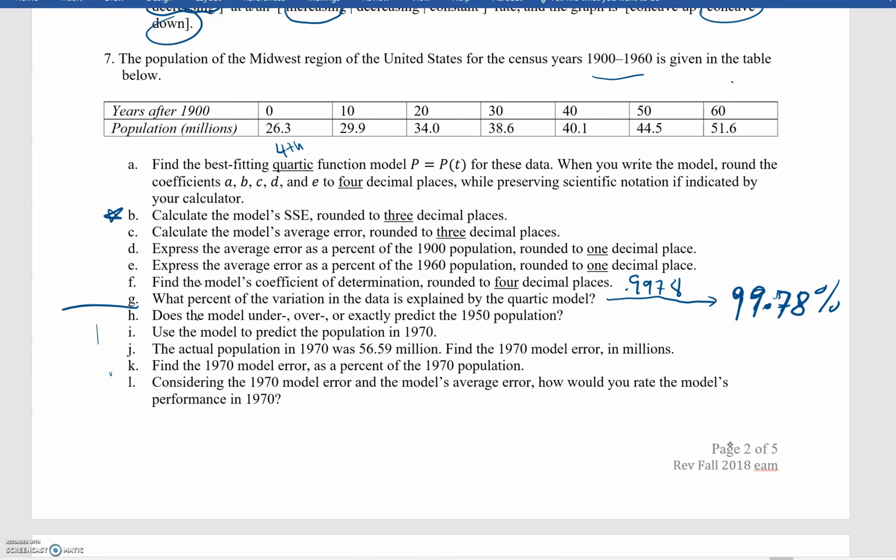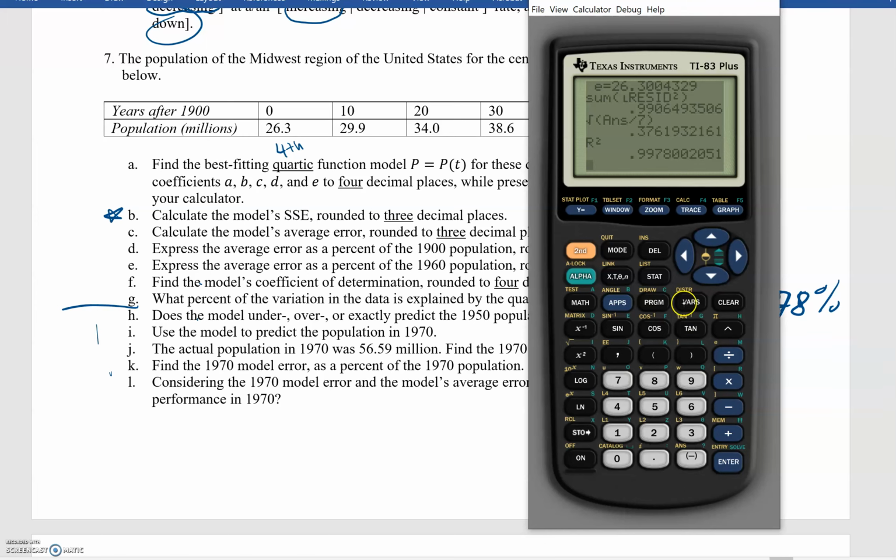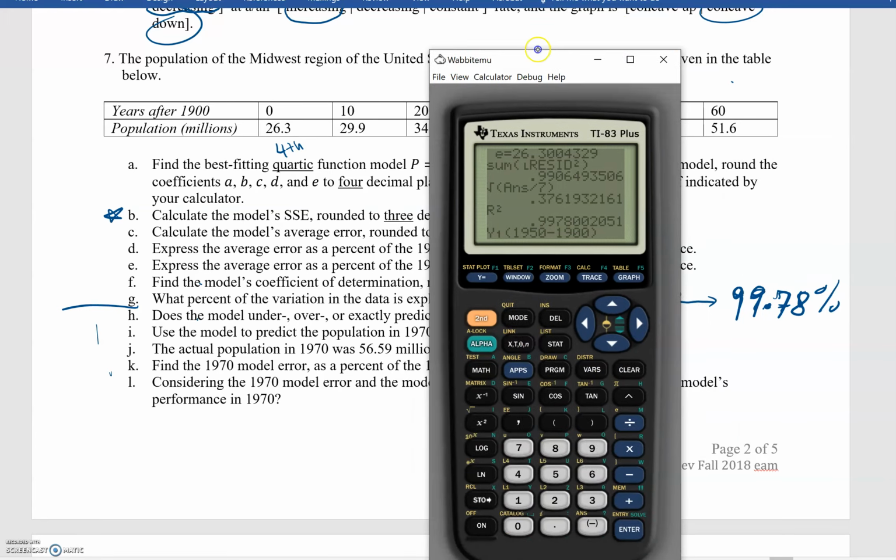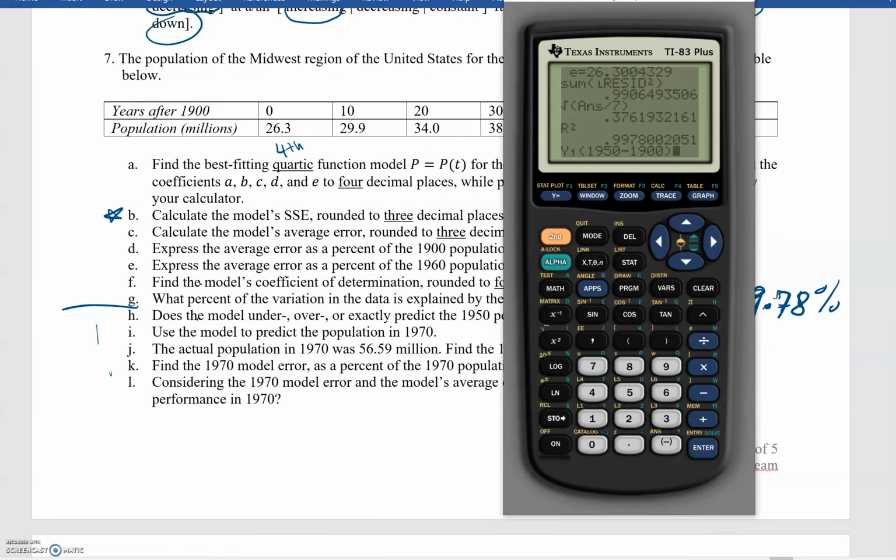All right, what about H? Does the model under, over, or exactly predict the 1950 population? So the 1950 population is 44.5, and my model says, so for 1950, just make sure you get the correct elapsed time, which is 50 years, as you probably knew already.